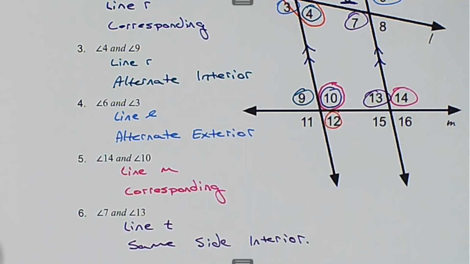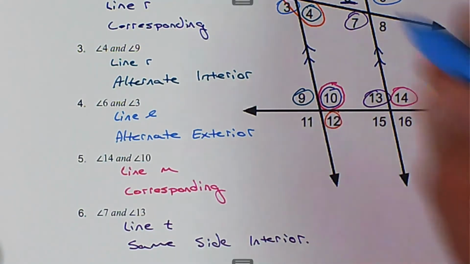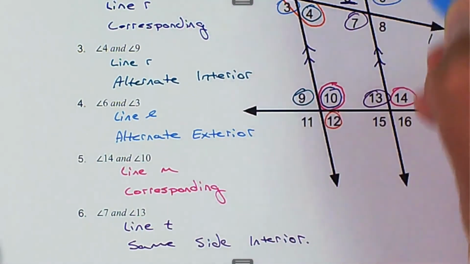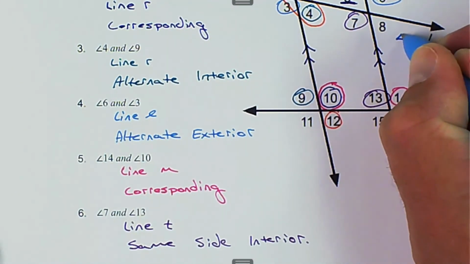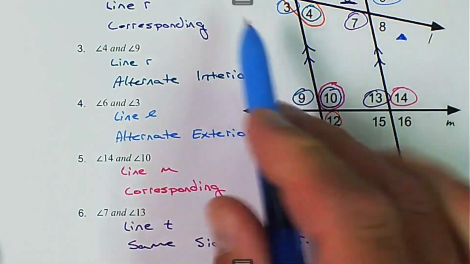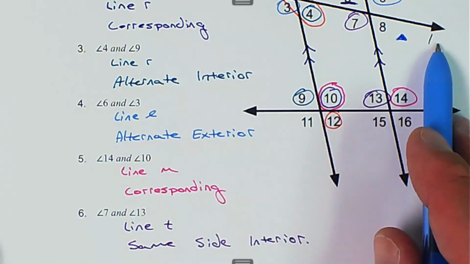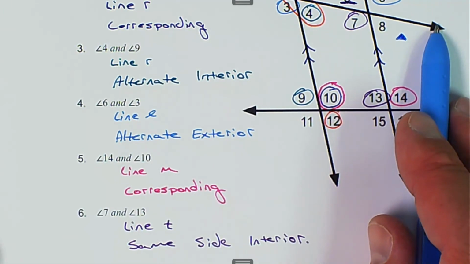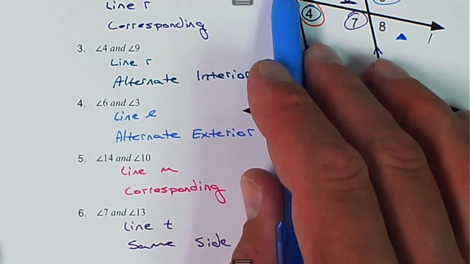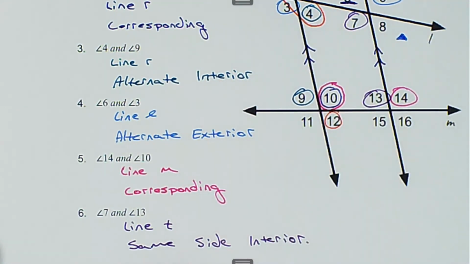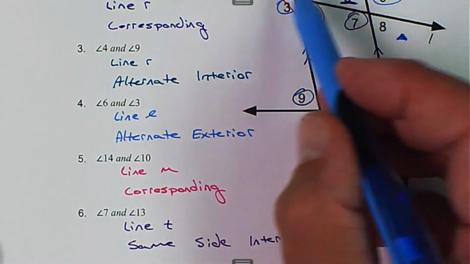Next, we can look at angle 1 and angle 8. Angle 1 is this angle right here, and angle 8 is this angle right here. Again, our transversal is line L. 1 is on the top, 8 is on the bottom, so those are alternate.